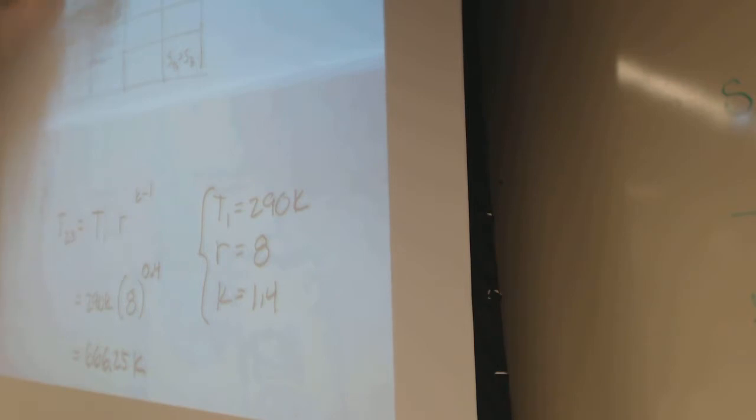So if I want to know the change, it's not going from 17 to 666, it's going from 290. Change in enthalpy would be that times C sub P. I have to look that one up in a bit.